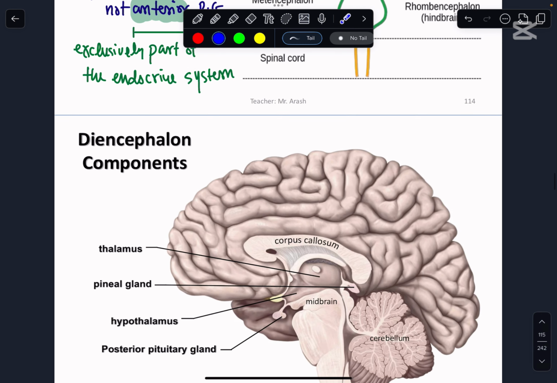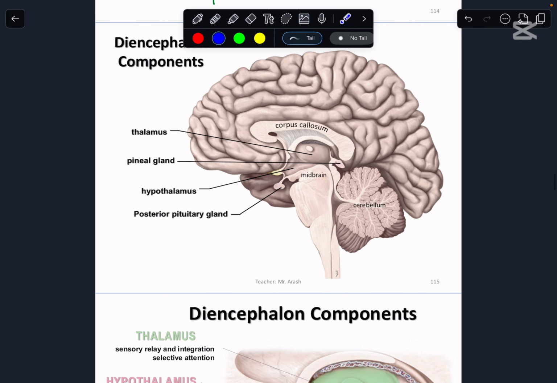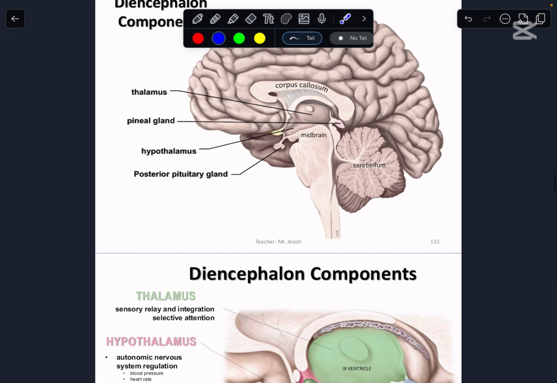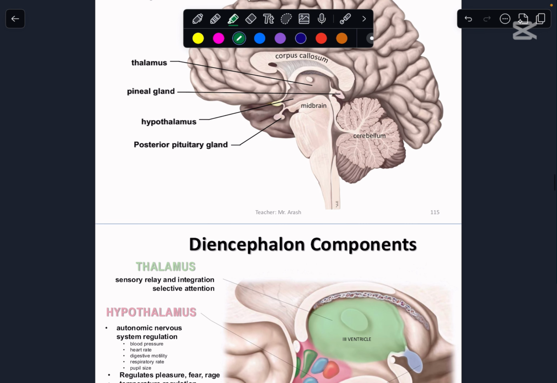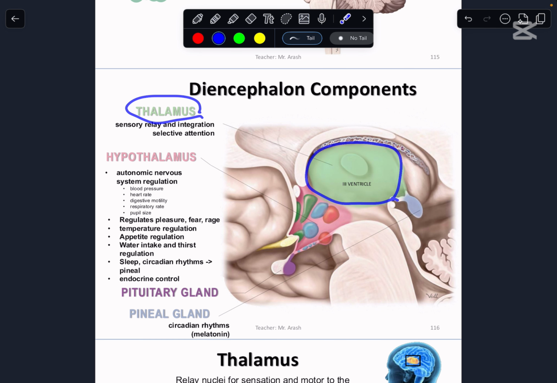All right. So having said that, let's now talk a little bit about different parts of the diencephalon. So again, be careful. This is only posterior, not anterior. So we're going to start with the thalamus. We talked about the thalamus before, which is located right here. It's around the ventricles. It's also around where you can find the basal ganglia and limbic system.